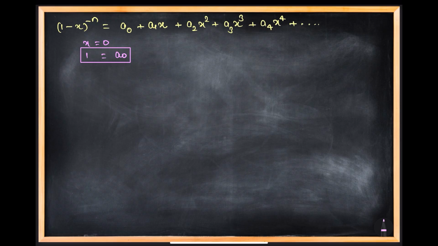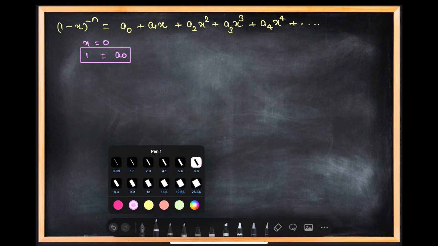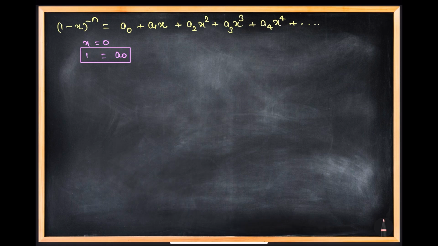Suppose that I wish to have a1. So how will we get a1? What I want you to suggest is just go with one differentiation and then put x equals to 0, and look at what will happen. You know that if we differentiate x power n with respect to x, it is n x power n minus 1. Okay, so differentiate this function. You will have minus n in the leading part, then 1 minus x power minus n minus 1.